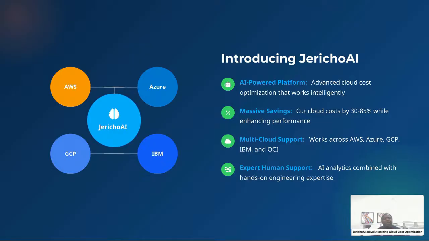Jericho is a cloud expert, a DevOps expert, a CFO expert, a cloud and ML expert that works across cloud providers, AWS, Azure, GCP, IBM, and OCI, with multi-cloud capability to support you in bringing down your costs.